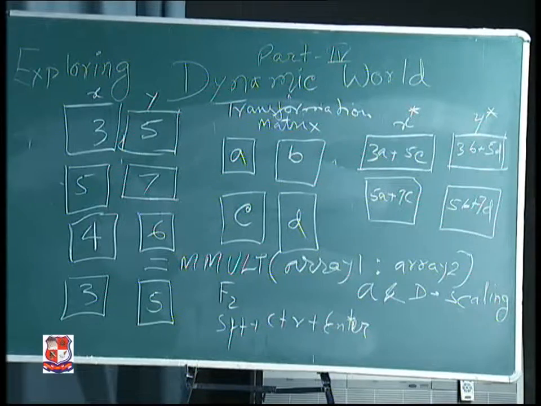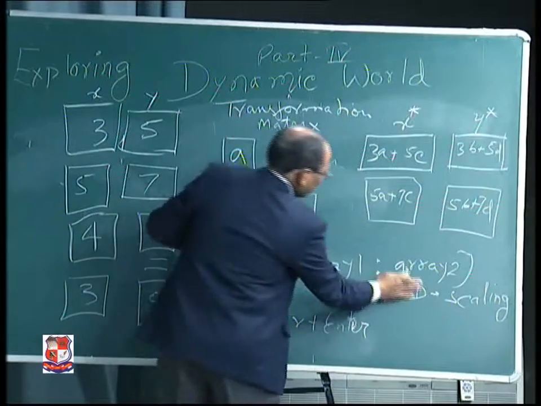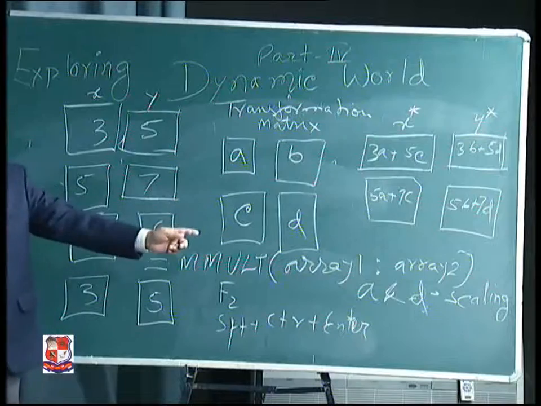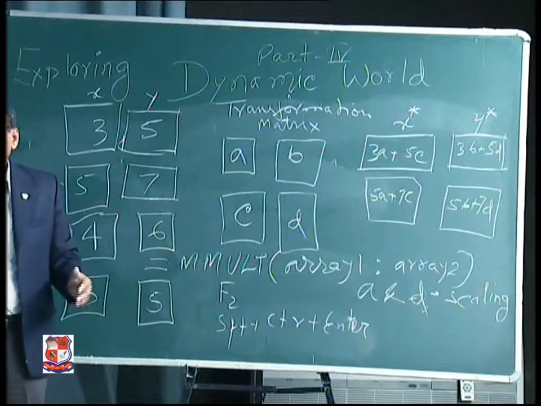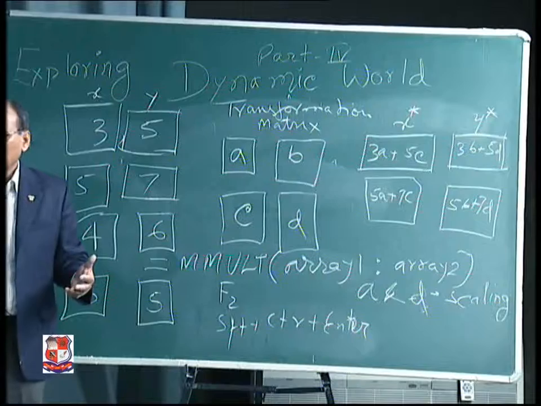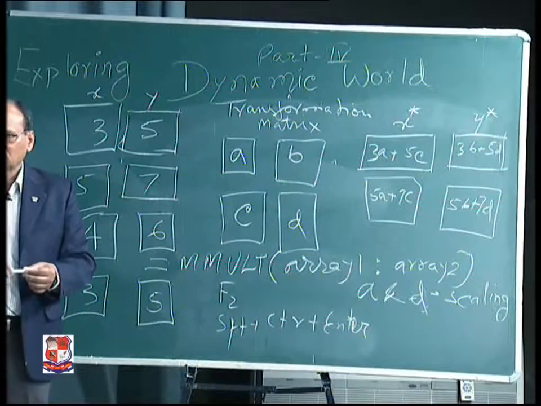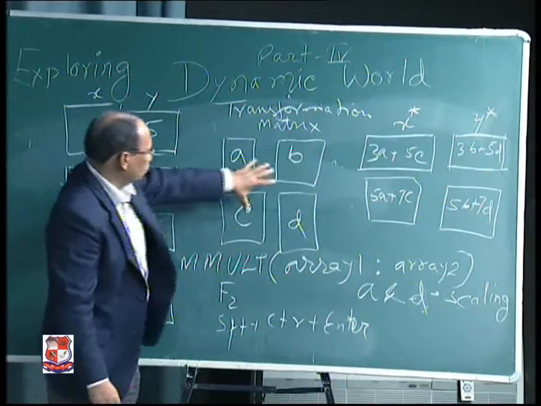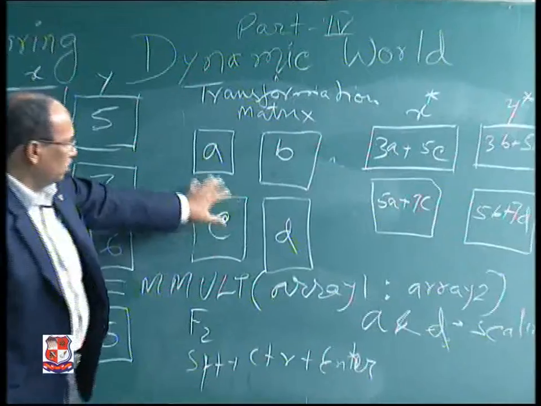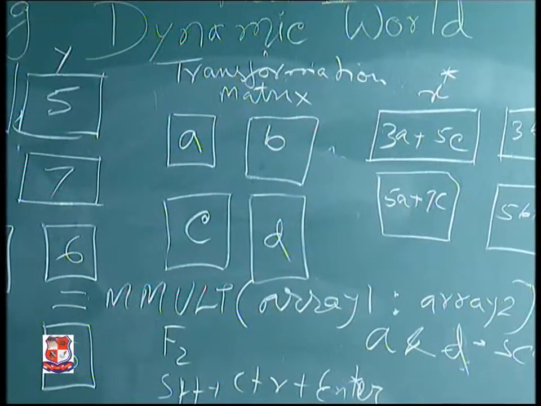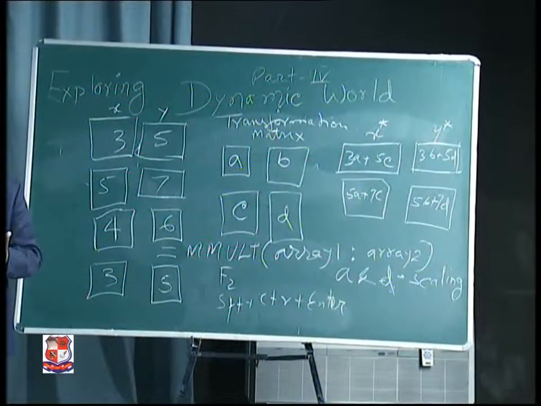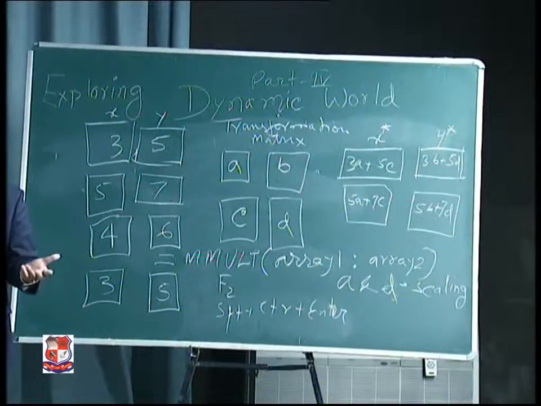You can write down in your note: A and D, this main diagonal, is called the main diagonal. The main diagonal helps in scaling. Okay. So, if A and D are 1 and 1 and these two are 0 and 0, then it is called the identity matrix, and the identity matrix will not change any shape, because anything multiplied by 1 is that number only.